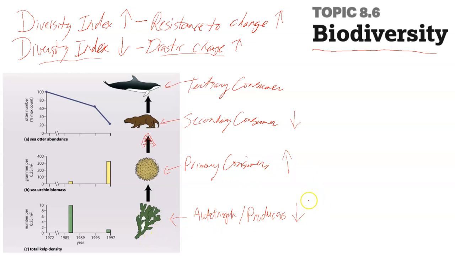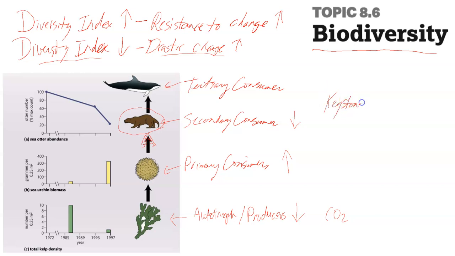Now, this is pretty important because what this is essentially saying is, if you lose this single species right here, or it drops in size, you're losing your producers. And that's really bad because they help us yank CO2 out of the air, right? These are what help remove CO2 from the air on our planet. So this otter, and this is kind of the classic example, is a keystone species.